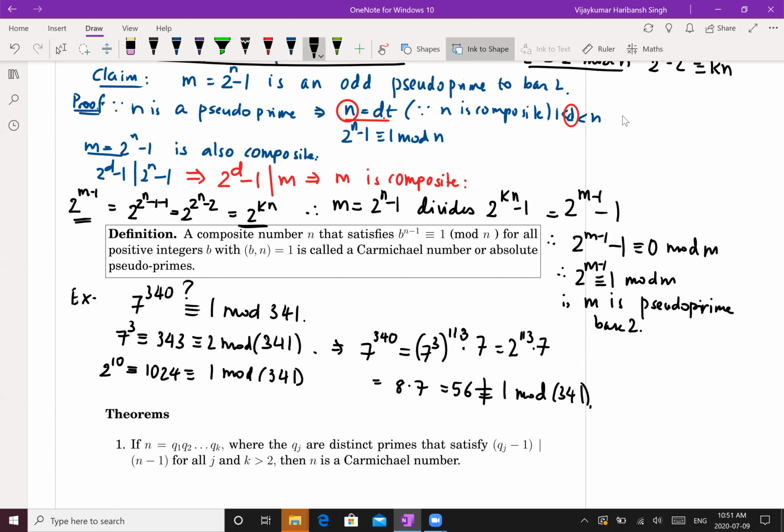However, there are some composite numbers that satisfy b to the power n minus 1 congruent to 1 mod n for all positive integers b such that b and n are coprime. Such numbers are called Carmichael numbers or absolute pseudo-primes. So no matter what b is, as long as b and n are relatively coprime, n passes the pseudo-prime test.